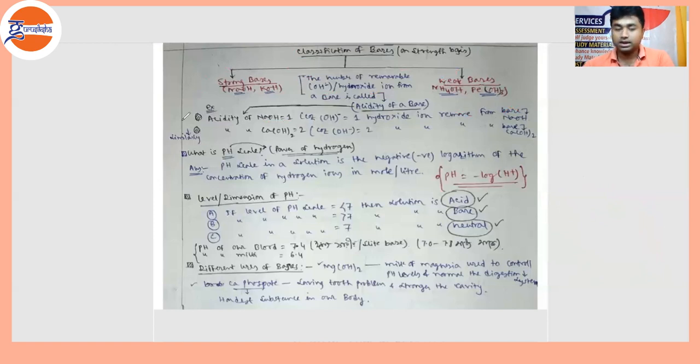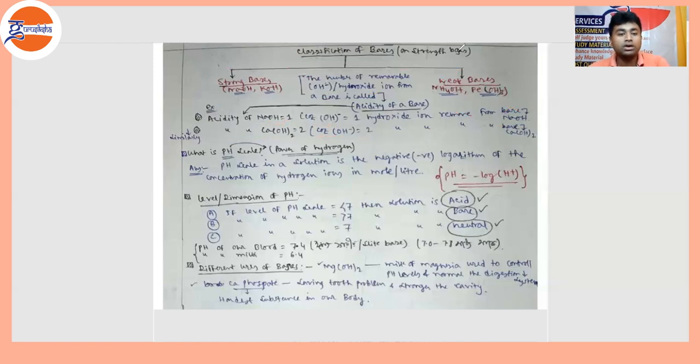The acidity of NaOH is 1 because one hydroxide ion is removed from NaOH, as I explained. Similarly, the acidity of Ca(OH)2 is 2, because two hydroxide ions are removed from it.